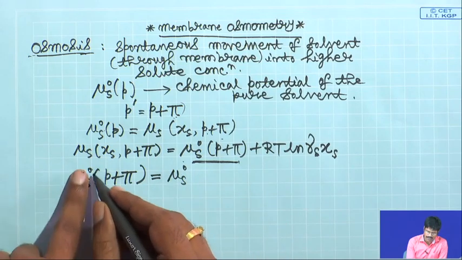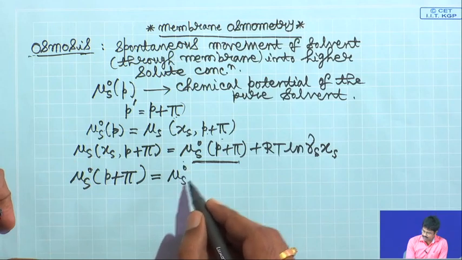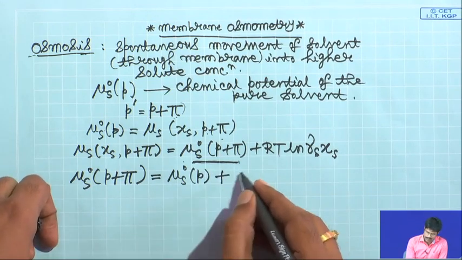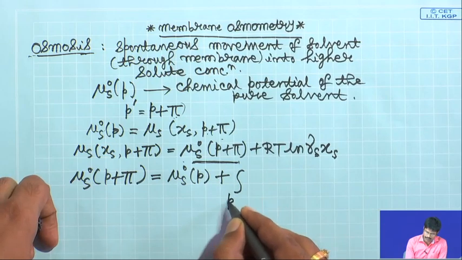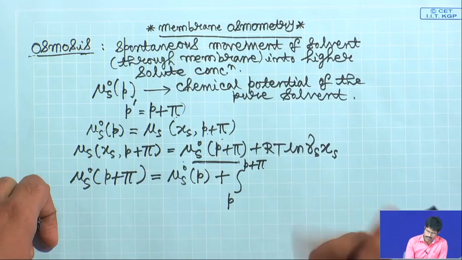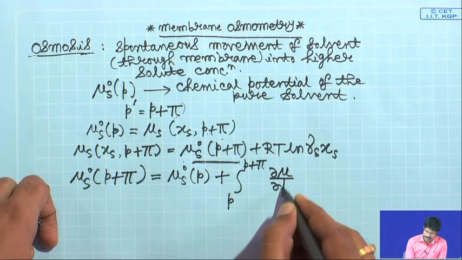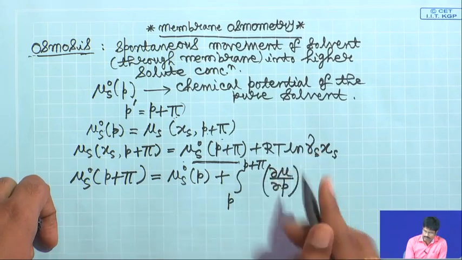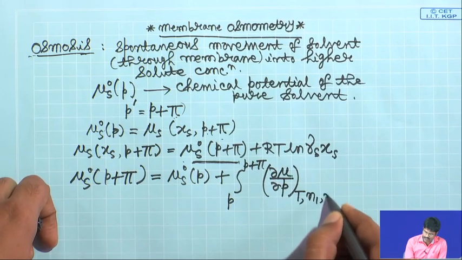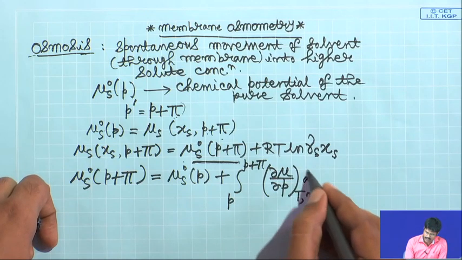So, the chemical potential of the pure solvent at pressure P plus pi equals the chemical potential of the pure solvent at pressure P plus some work, because you have to do work to increase the pressure from P to P plus pi. That work is equal to del mu del P, with the temperature and the number of moles of solute and solvent constant, into dP.